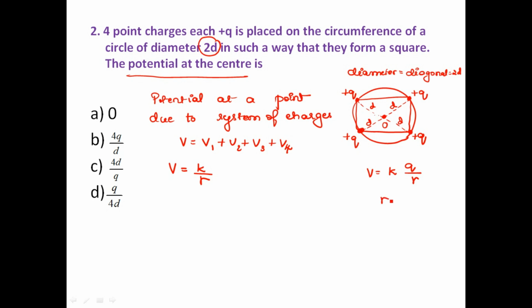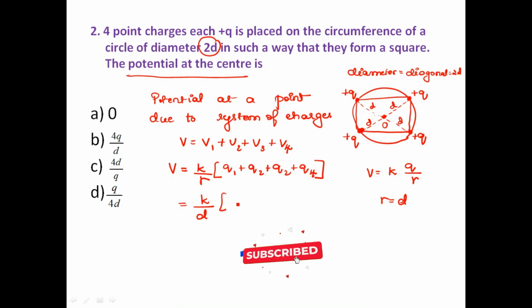Our R here is nothing but the value of D. So the charges will be Q1 plus Q2 plus Q3 plus Q4, or I can also write K by D, and the charges here are all the same. We are going to write it as 4Q, or K into 4Q by D.